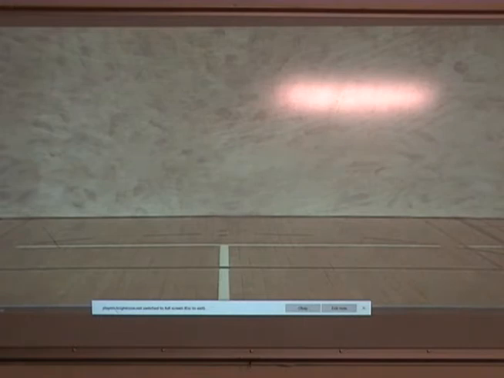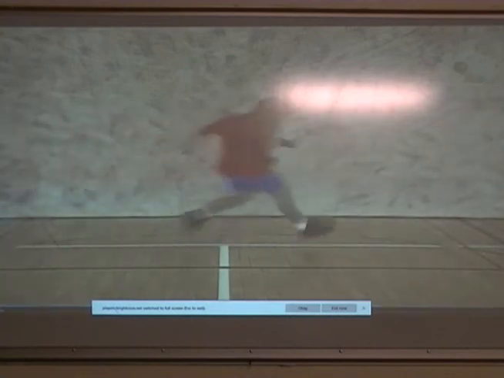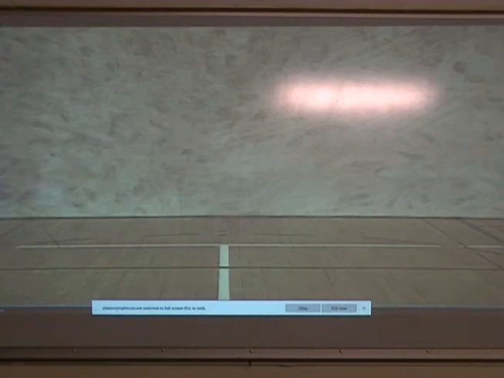Question, is this child running? I believe so. Okay. Anybody else? What do you have to see for it to be running?